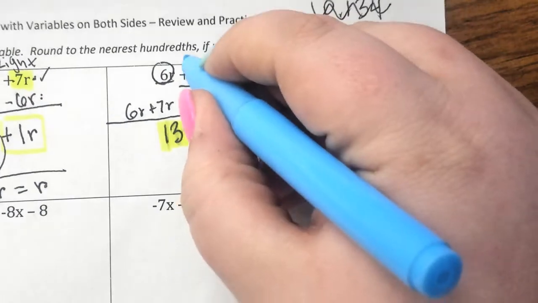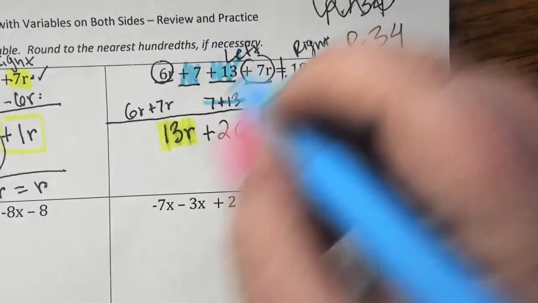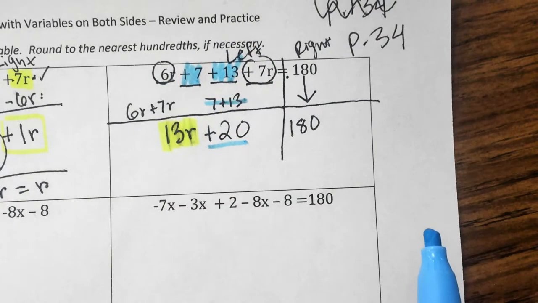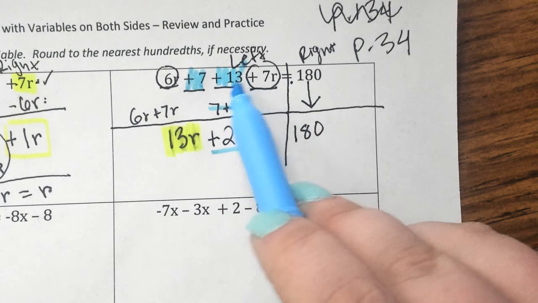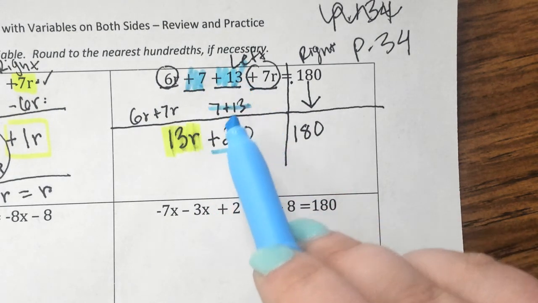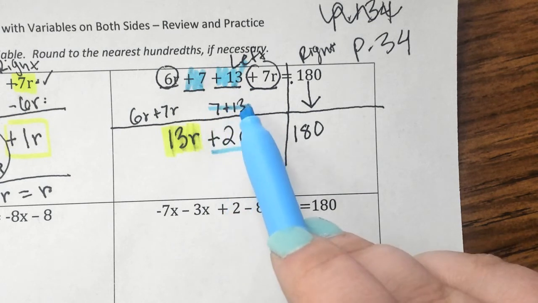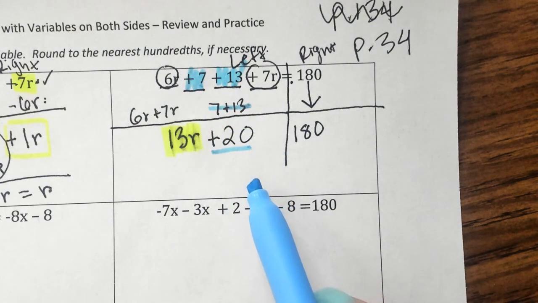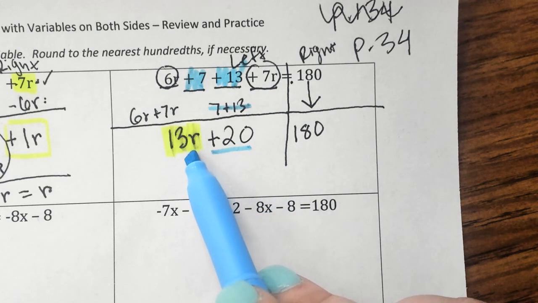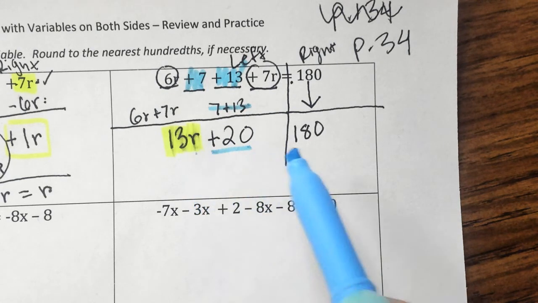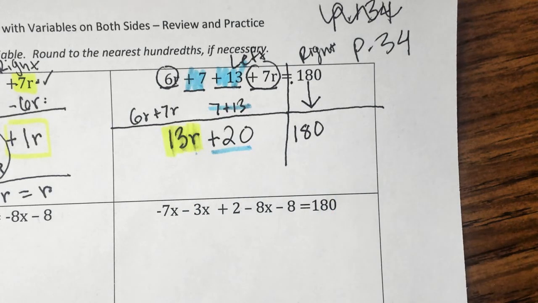It came from this 7 and this 13. That's how I got the 20. 7 and 13 were both plain numbers, so I could combine them, right? And 7 plus 13 is 20. Are you good with 20? And you're good with how we got 13r? And then 180 I just dropped down.